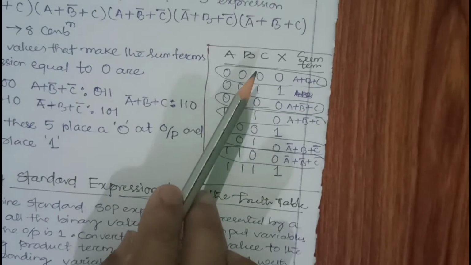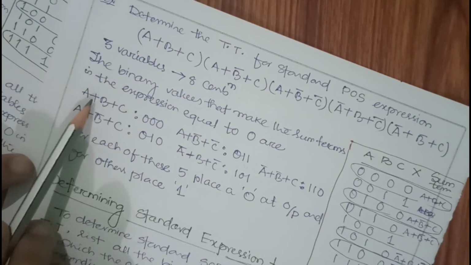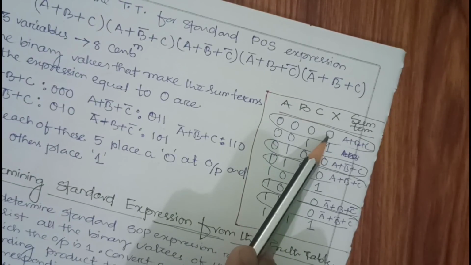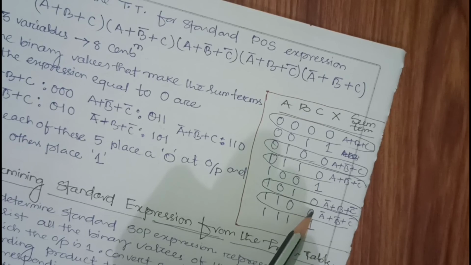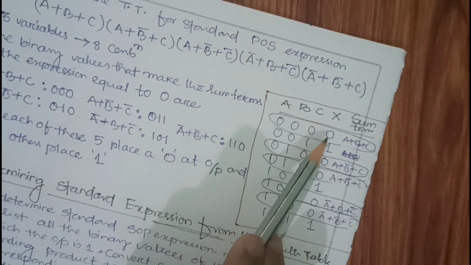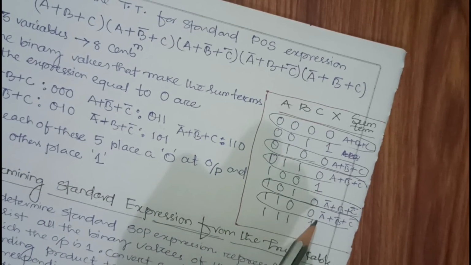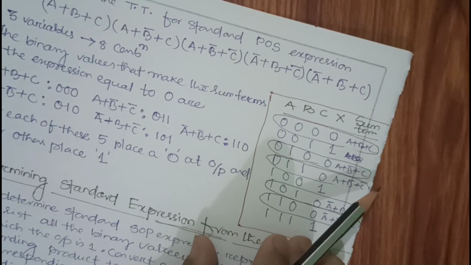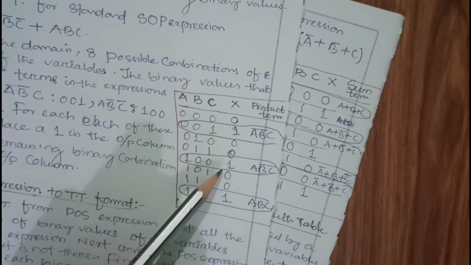Accordingly you write the possible combinations, and for the inputs that are given, you write 0, and for all other values write 1. Remember, for POS I am finding my zeros, my output should be 0, and for SOP I am finding my output should be 1.